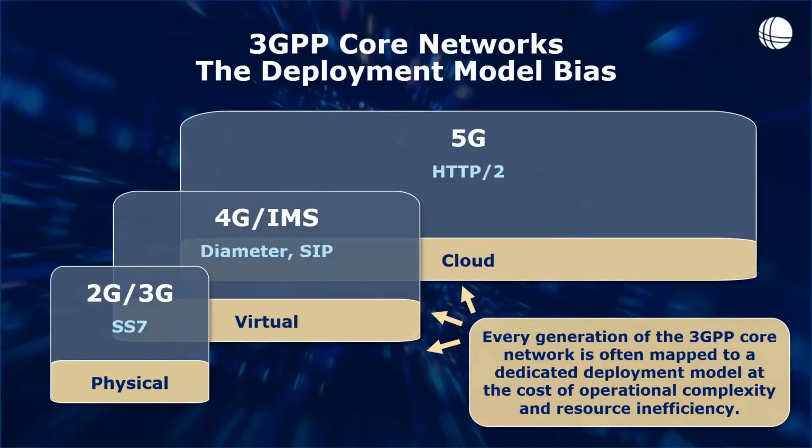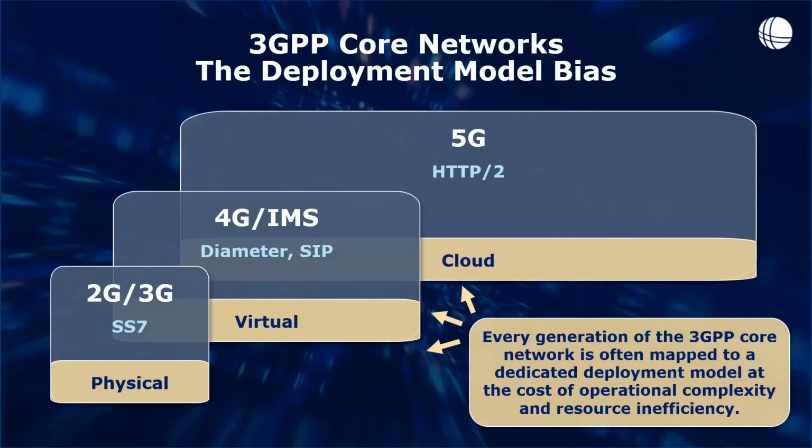Maintaining two different infrastructure types, one for the 5G network elements and one for the legacy network elements, is what I refer to as the deployment model bias that not only causes an increase of the operational complexity and cost, it also makes the usage of the infrastructure resources highly inefficient. And as for any other bias, also here, the optimal value of the deployment model bias is 0.